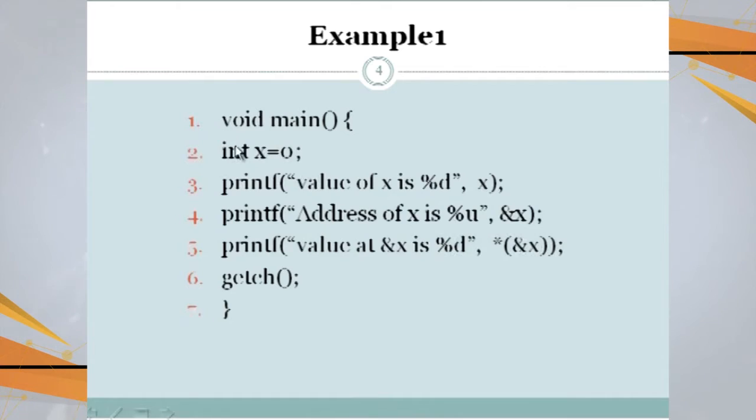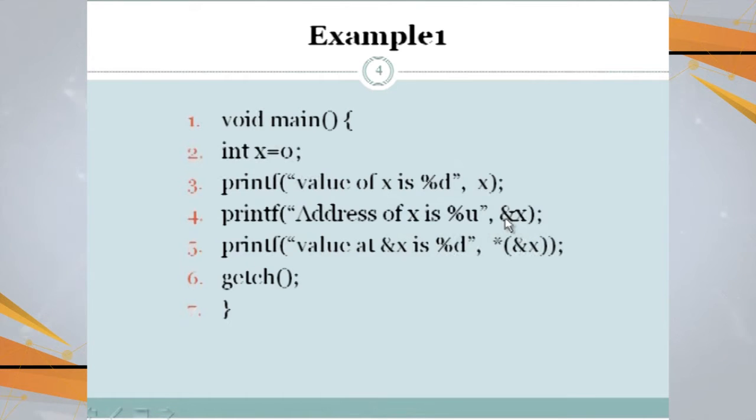This is a simple example. In this example, we have declared a variable x and initialized it to the initial value 0. The printf statement will display the value of x, that is 0. This printf statement at line number 4 will display the address of the memory location of x. In order to access the address, we put the ampersand symbol before x.